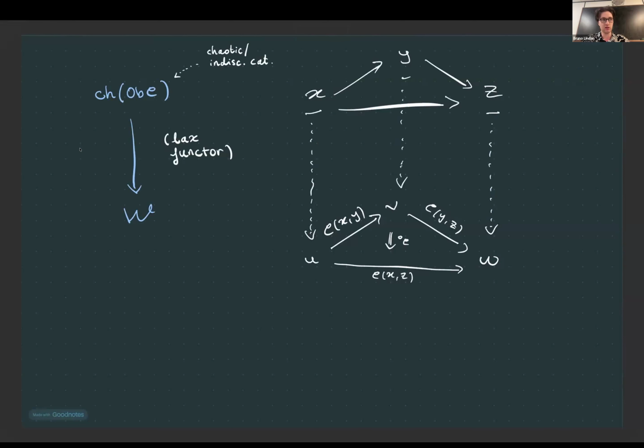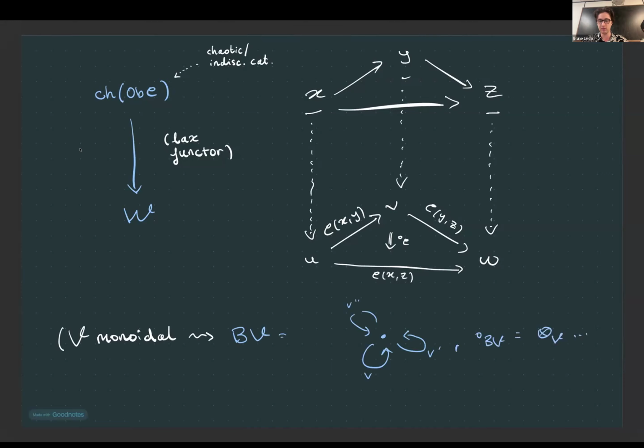And also just to convince you, some of you probably know that a monoidal category is the same thing as a bi-category with one object. Just to quickly sketch how this works, if you start with a monoidal category, you can construct a bi-category with one object by taking the one cells to be the objects of V and composition given by the tensor product in V. And it's fairly straightforward to see that enrichment in this bi-category is the same as enrichment in the original monoidal category.